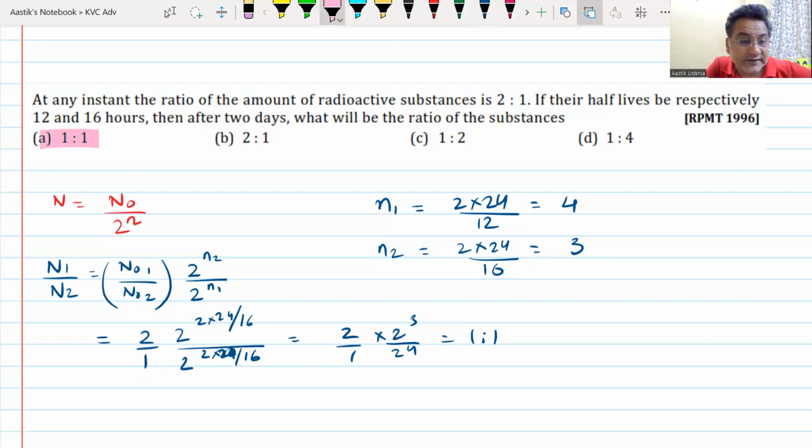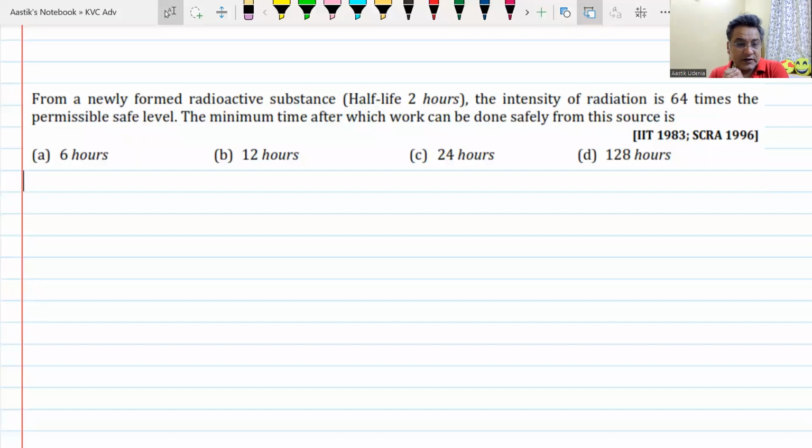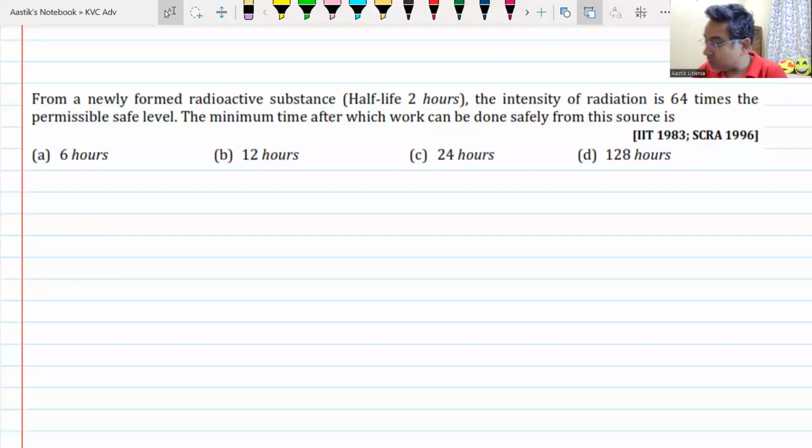And the next question is this: from a newly formed radioactive substance, half life is 2 hours. The intensity of radiation is 64 times the permissible safe level. The minimum time after which it can be safely taken from its source is? So what is it that you have to see?